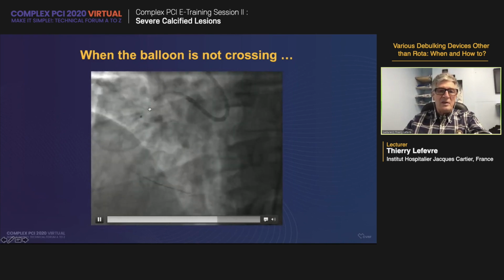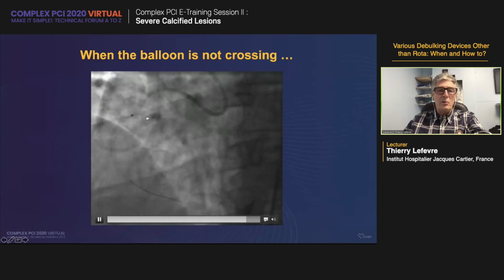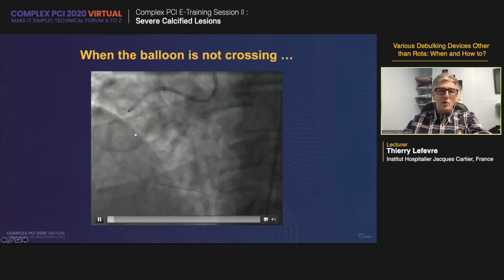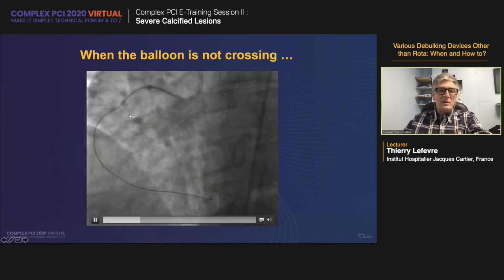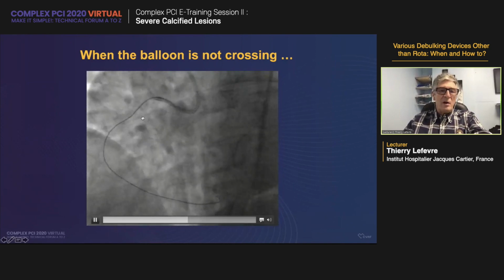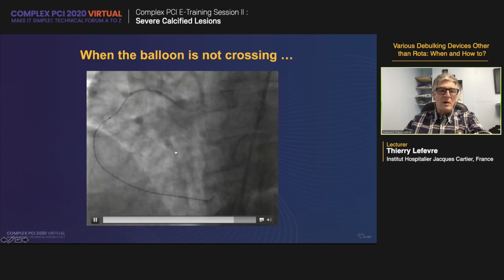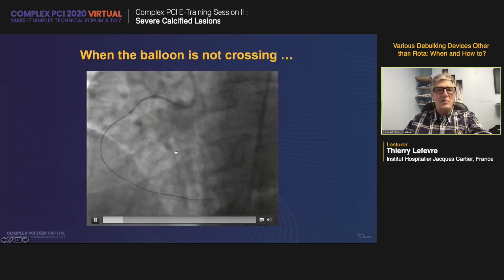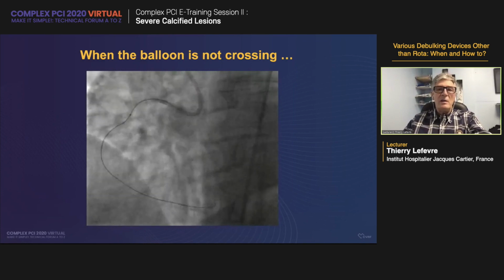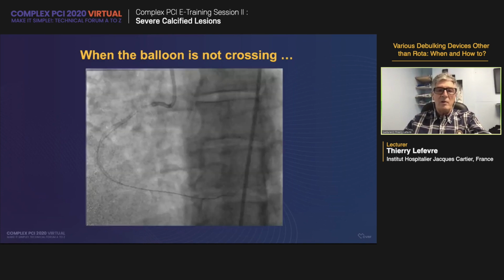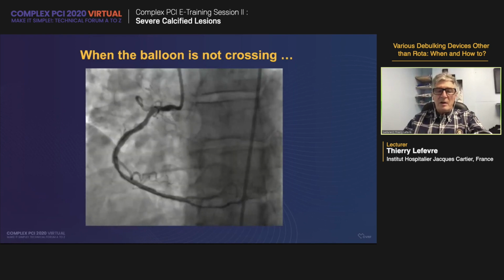You can see that we are not able to cross with a balloon or with a microcatheter. So we use laser, and you will see that with this support and the laser, we are able to cross this kind of lesion without any difficulty. So laser for uncrossable lesions is really the best tool that we have. This is the final result.